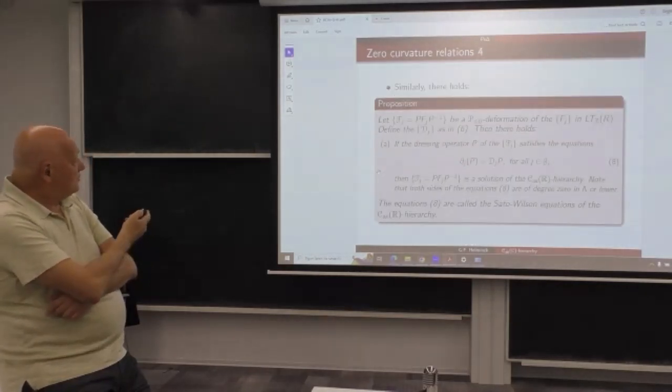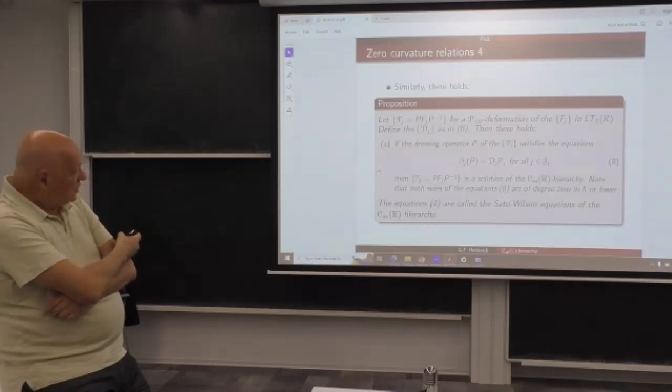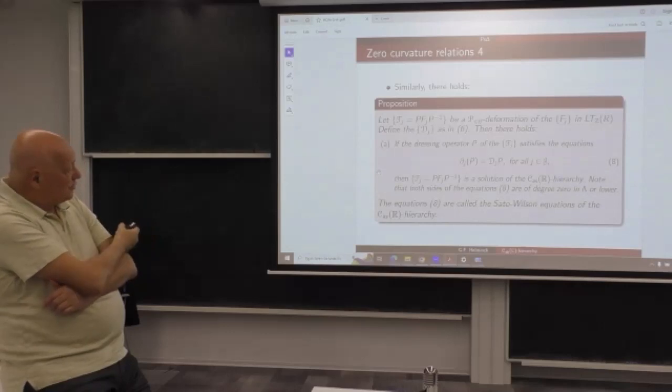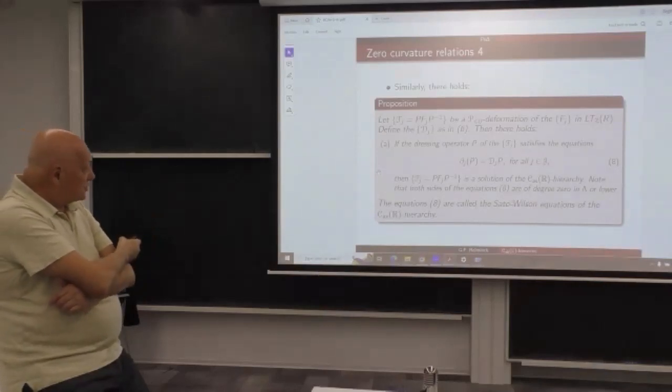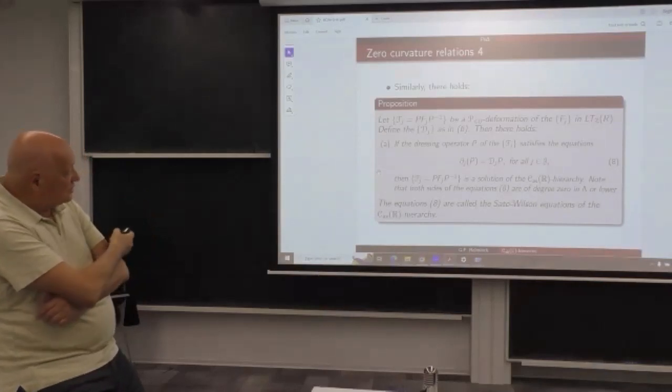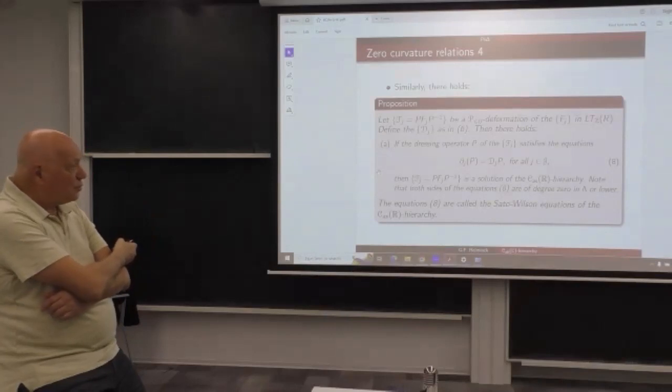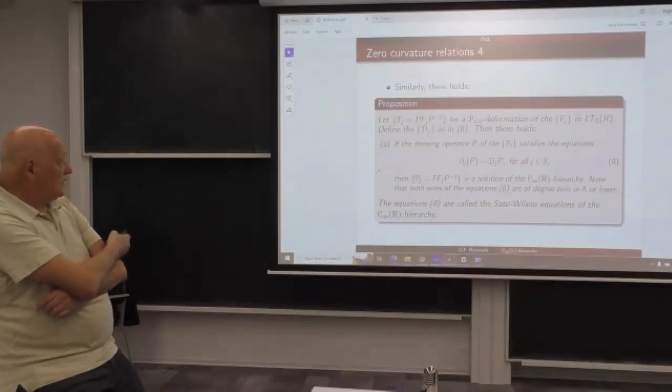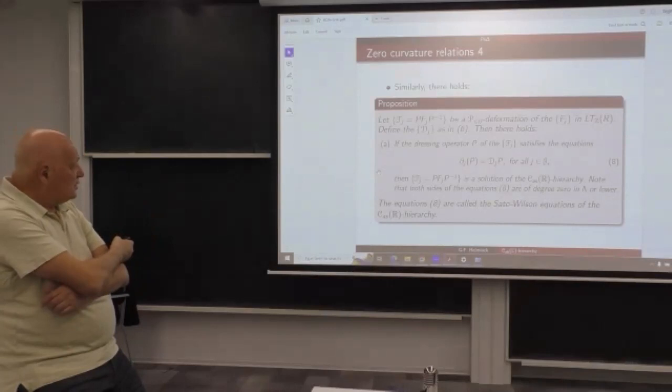Now, we have the same Cauchy problem, but now with the operators D j. And if the dressing operator satisfies this Cauchy problem 8, then automatically the F j are a solution of the real hierarchy.